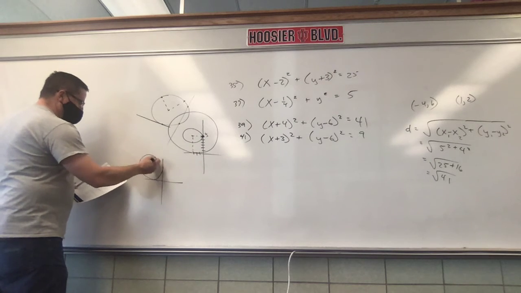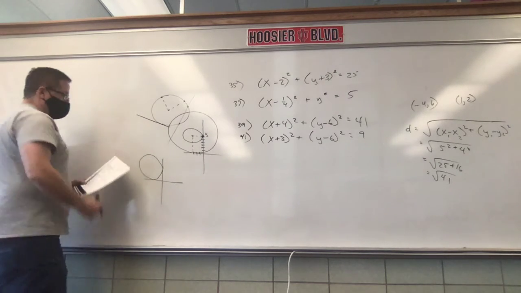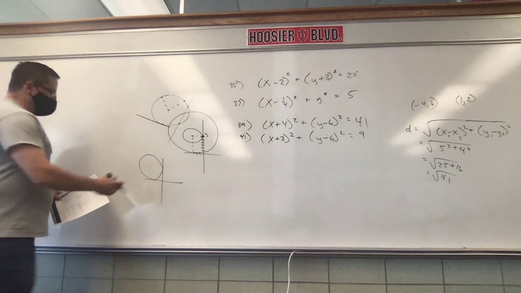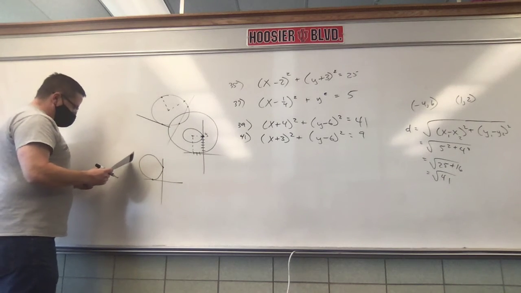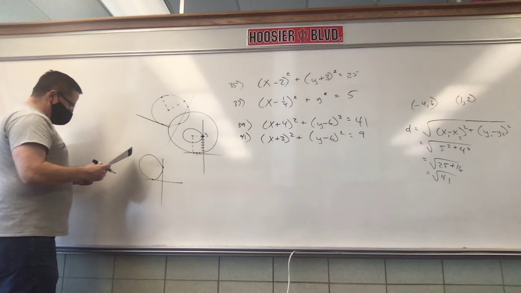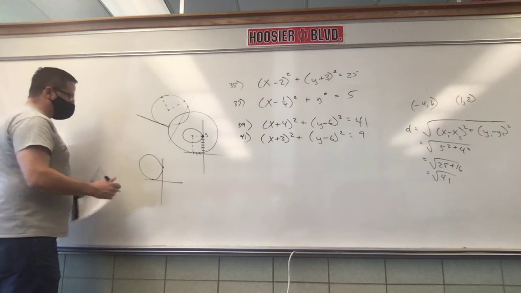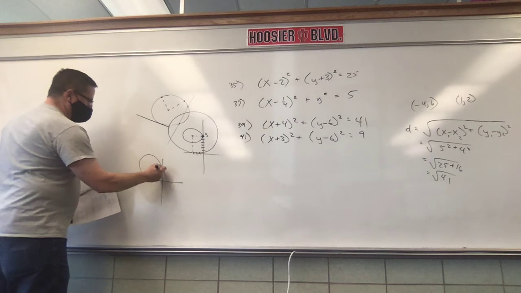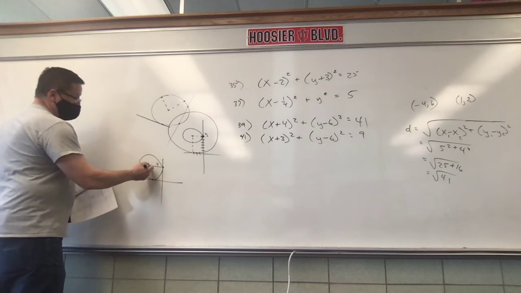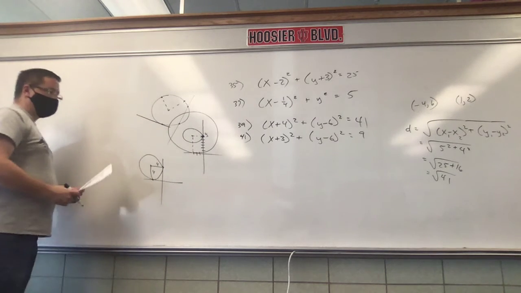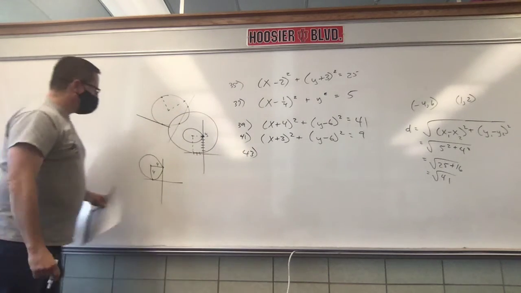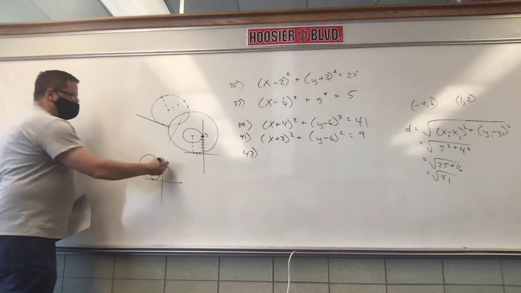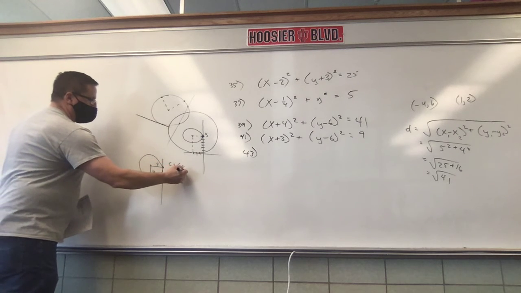Okay, so it touches the x-axis in one spot, it touches the y-axis in one spot, and the radius is 4. So right here, this distance is 4. And this distance is 4. So what will the center be? Negative 4, positive 4.